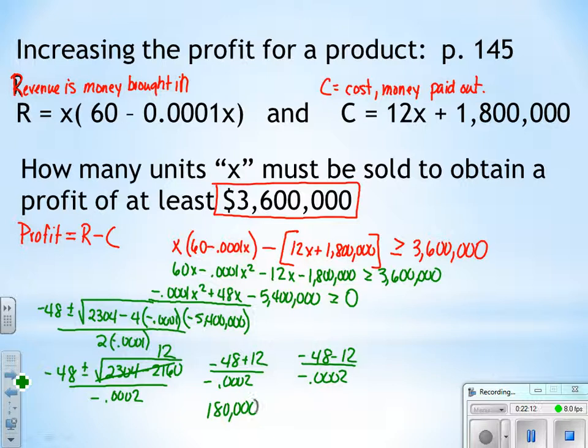Doing the other one, we're going to get a negative 60 over negative 0.0002, which if you punch that in, you're going to get 300,000. So if we make in between 180,000 and 300,000 units, we will meet or exceed that profit of 3,600,000.